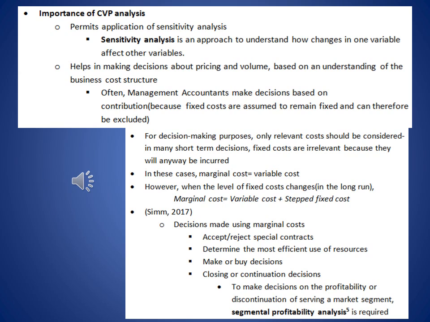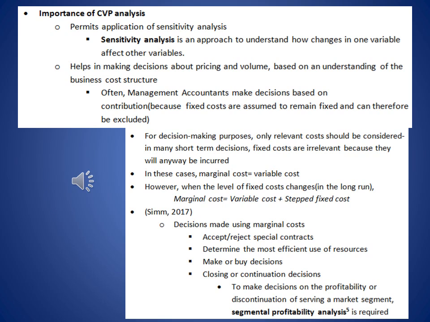And often management accountants make decisions based on contribution because fixed costs are assumed to remain fixed and can therefore be excluded. And for decision-making purposes, only relevant costs should be considered, whereas in many short-term decisions, fixed costs are irrelevant because they will anyway be incurred.